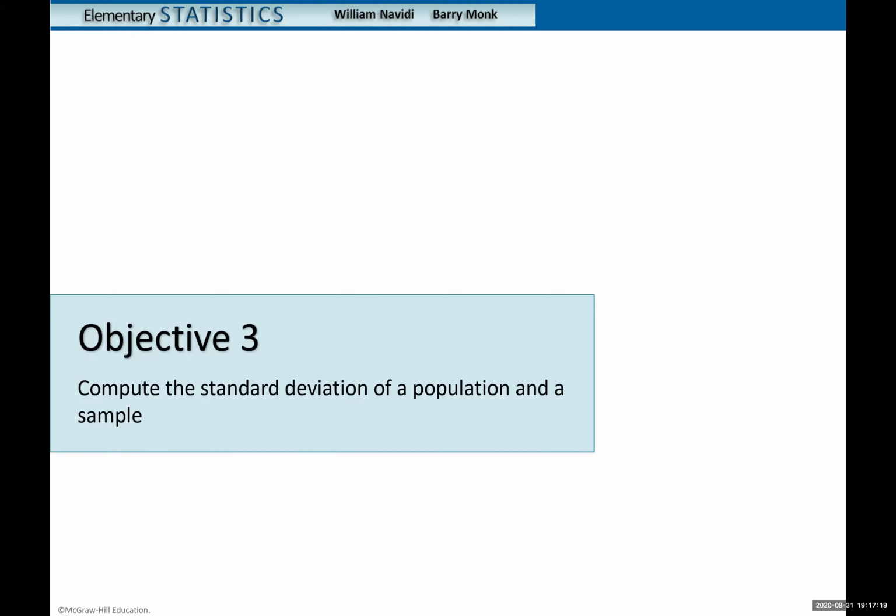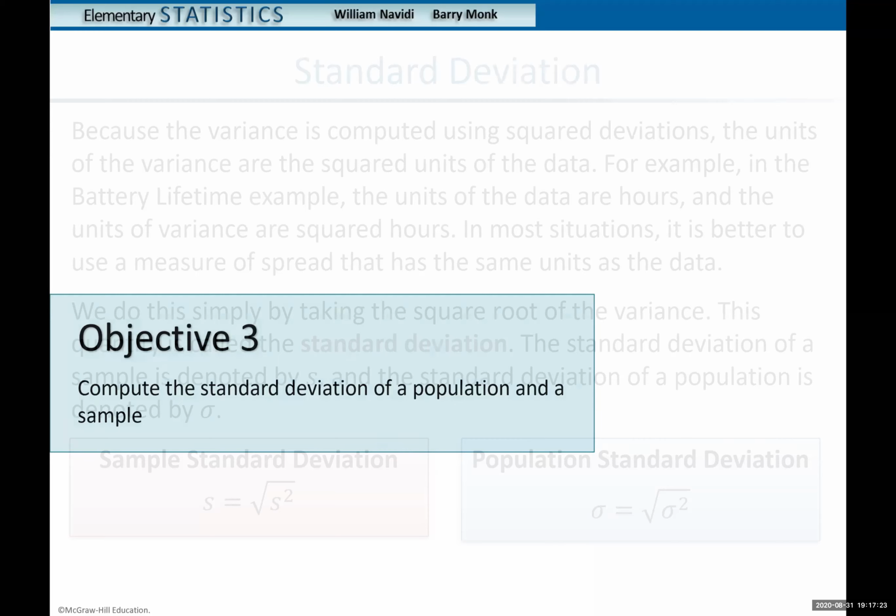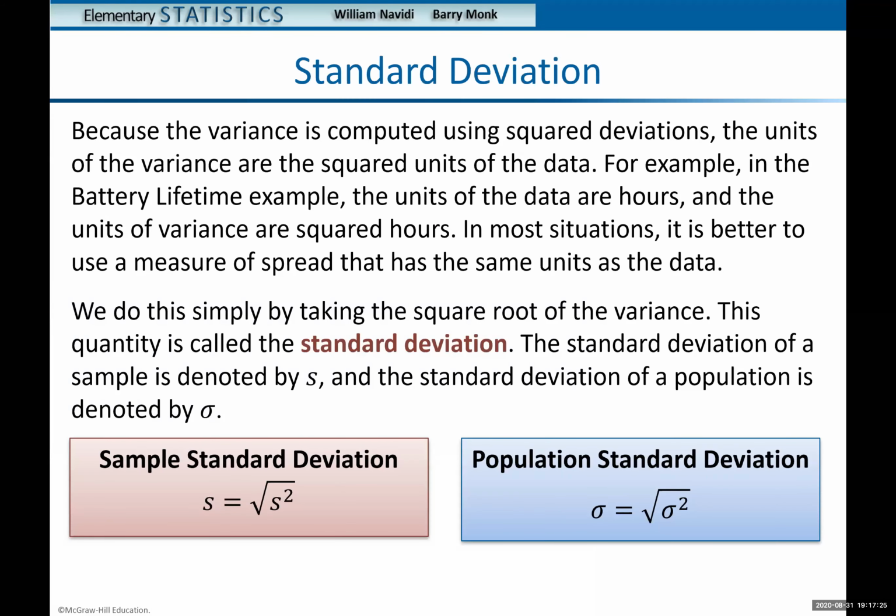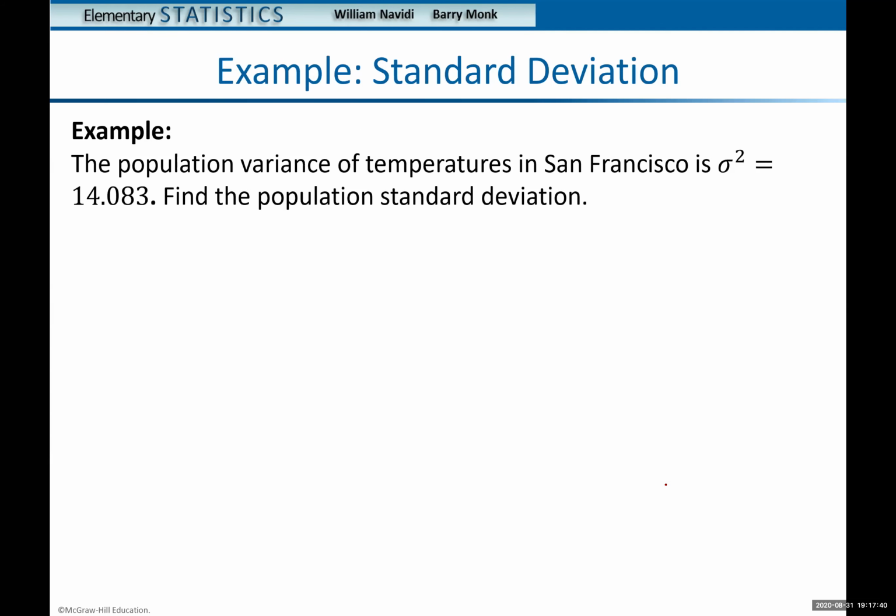Okay, next is compute for the standard deviation. So it's the same thing here. Standard deviation is actually the square root of your sample variance. Population standard deviation is the square root of your population variance. So just like this, earlier we got 14.803 when we found the population variance.